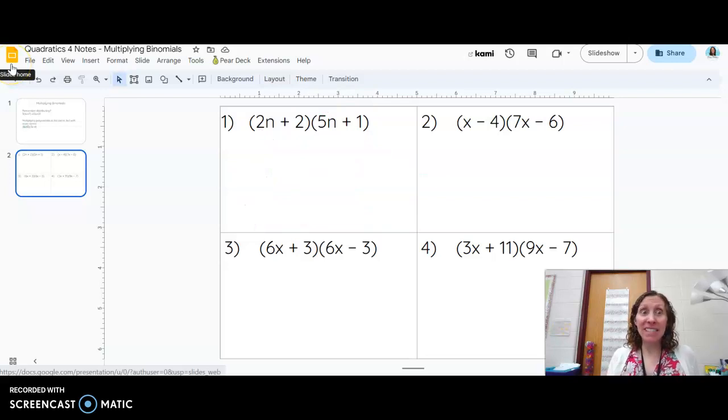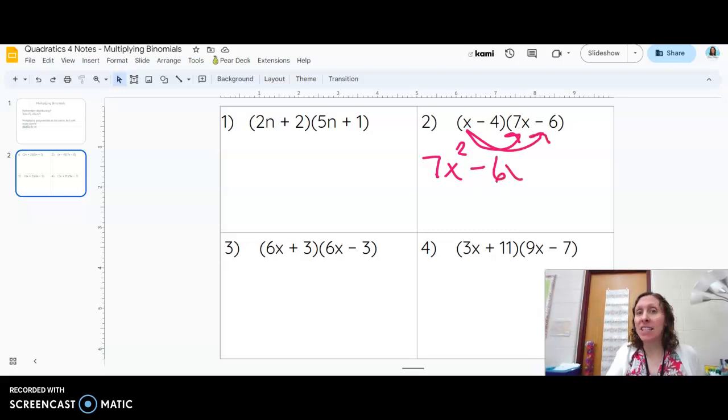All right, this one has negatives. Let's give it a whirl. So let's do x. So here, x times 7x, which is 7x squared. X times negative 6 is negative 6x. Negative 4 times 7x is negative 28x.